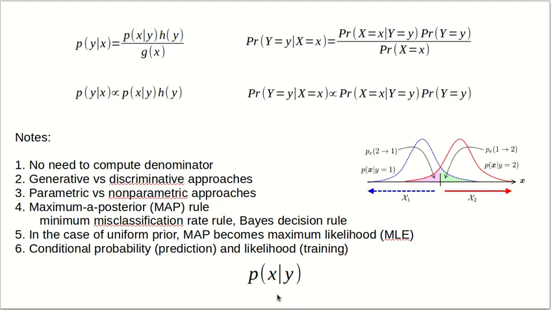But we can also use this function as a function of y for a given set of x. In that case, x is given, but we are trying to pick a model which makes the value of the function maximum. If the data is given and we are trying to pick an optimal model based upon the given set of data, that is the training process. We're training the model.